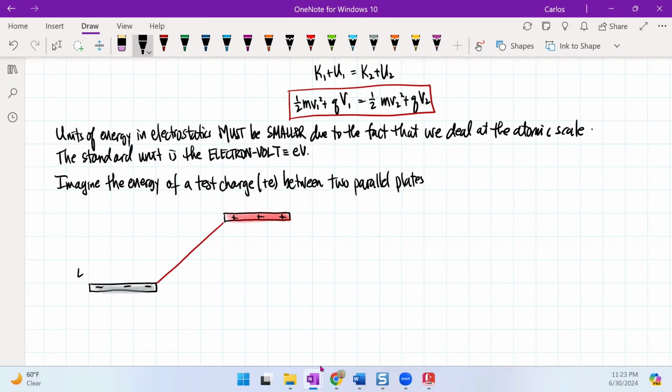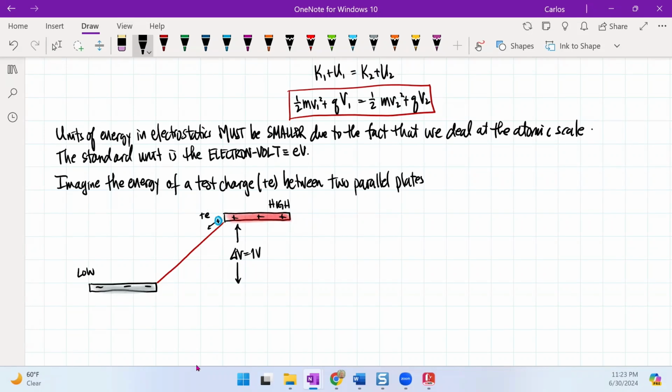So we know this is our low, up here is our high. And what we're going to place here is a little test charge that has a value of positive e. And we're going to just let this guy fall where we have a height difference of 1 volt.